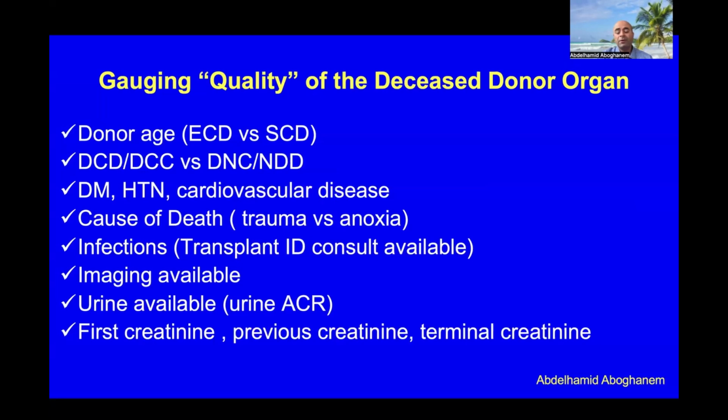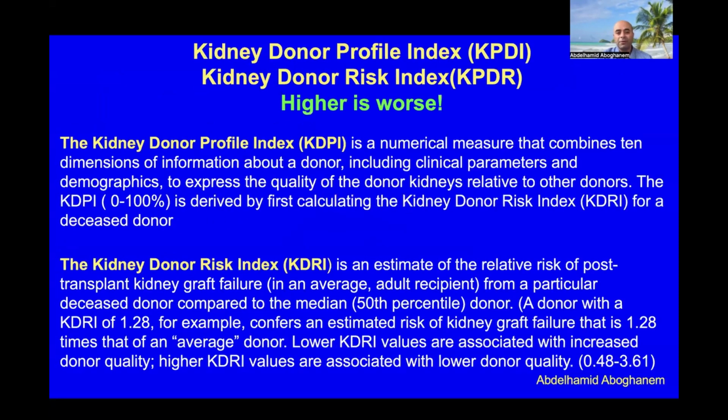And urine ACR is most important; if this patient has heavy proteinuria, maybe we will decline this also. And first creatinine, previous creatinine, and terminal creatinine. What is the creatinine at the start, and what is the previous one? What is the last creatinine for the donor, to decide whether to accept this donor or not?